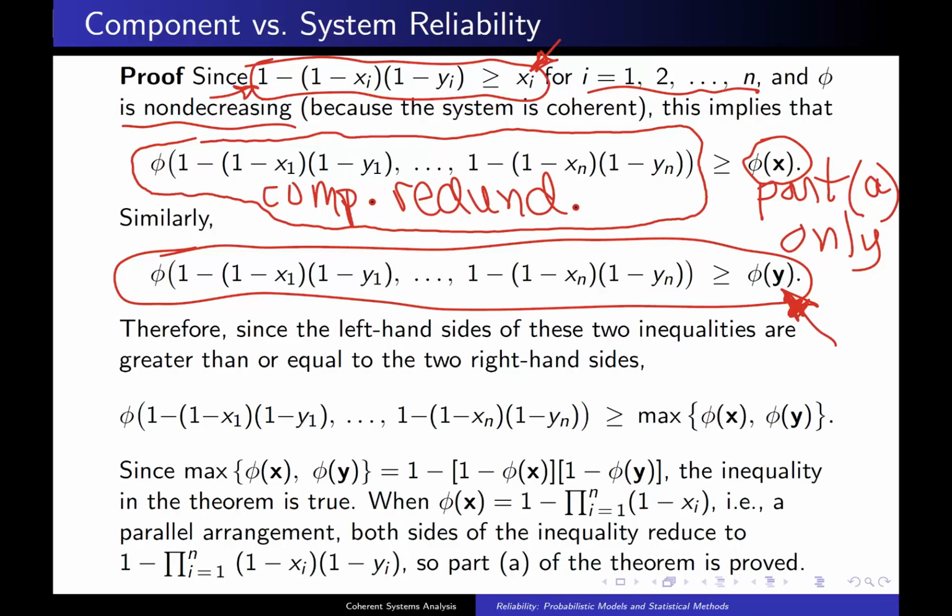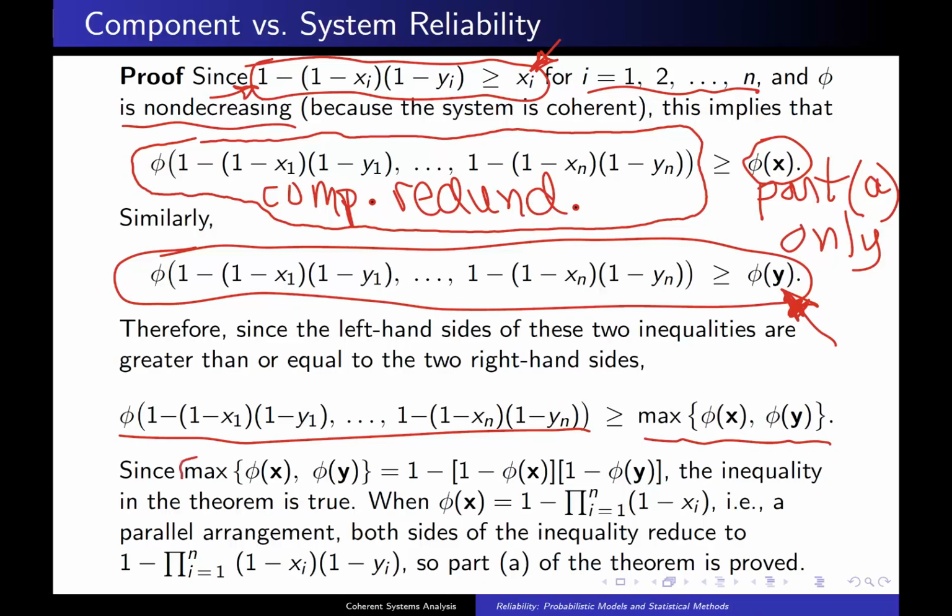Now, since the left-hand sides of these two inequalities are greater than or equal to the two right-hand sides, we know that the left-hand side, and this left-hand side here, of course, is component redundancy, is going to be greater than or equal to the maximum of phi of x and phi of y. Whichever of these two right-hand sides is larger, it's going to be greater than or equal to that.